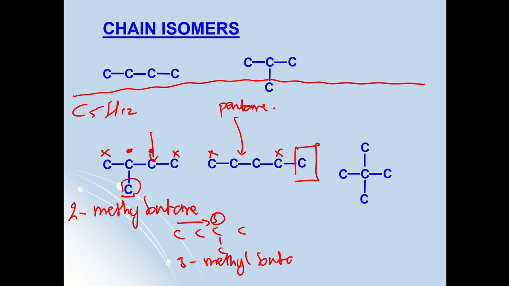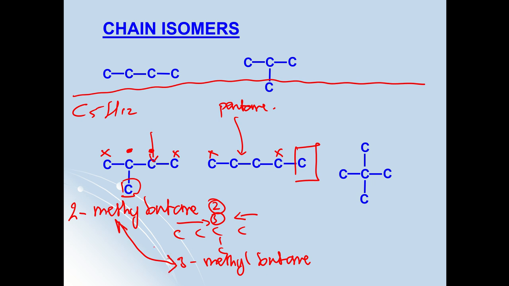Hopefully those of you who are on the ball can see why that would be a problem, because remember we always label from the side which gives the substituted or branched group or functional group the lowest possible number. If I named from this side, this methyl group would actually be number 2, meaning that this compound here and this compound here are exactly the same compound.